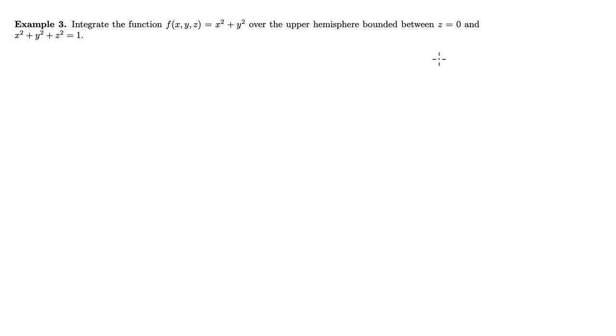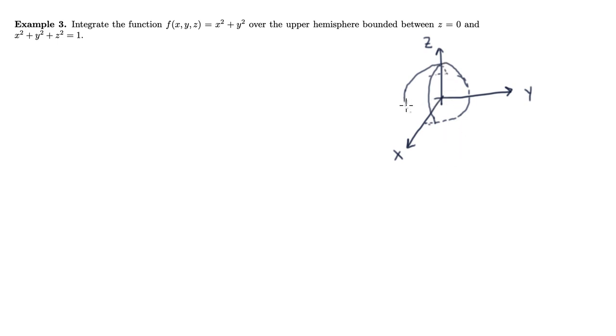Well, we're looking at the upper hemisphere up here. So if this is x, y, and z, I'm going to try to kind of roughly draw this. So there's kind of the top, and then in the z direction, we have something like that.